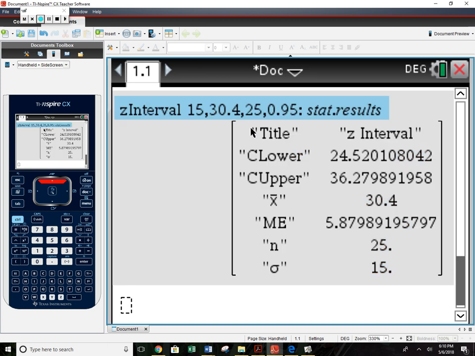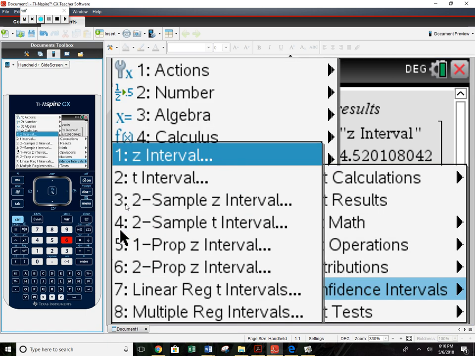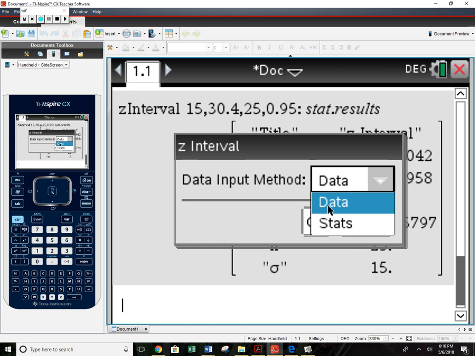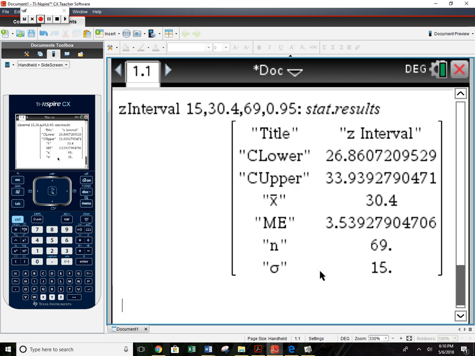I think I know why it's not working. Okay, so let's try it again. Menu 6. Z-test. Stats. Okay, I've got to click the mouse instead of the keyboard. Sigma 15, X bar 30.4, and 69. Click the mouse. Okay. There we go.